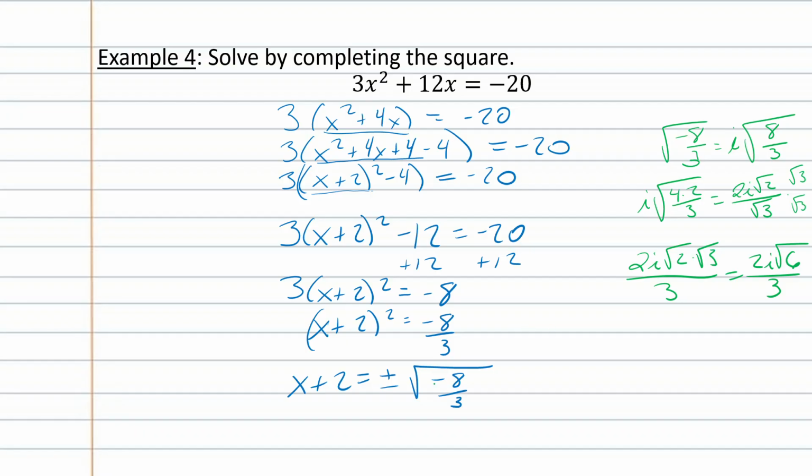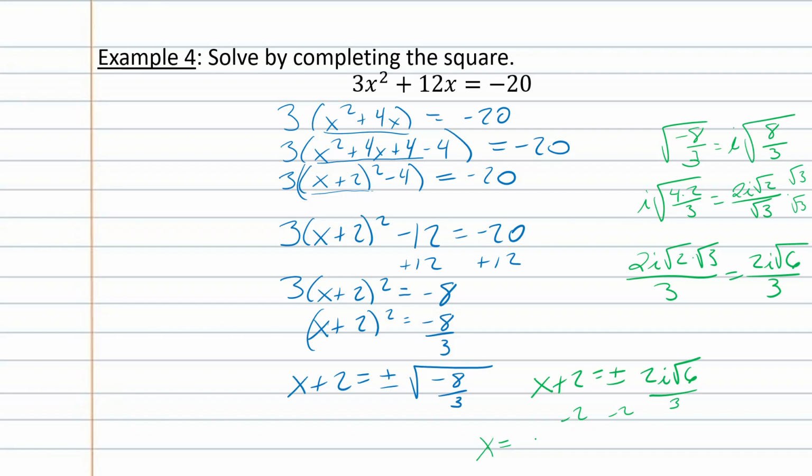All right, so I'm going to come down here. I'm going to say, okay, this is x plus 2 equals plus or minus 2i square root 6 over 3. Everybody hopefully can see where I got that from. Now all that's left to do is subtract 2 over to the right-hand side, and I have it solved out.